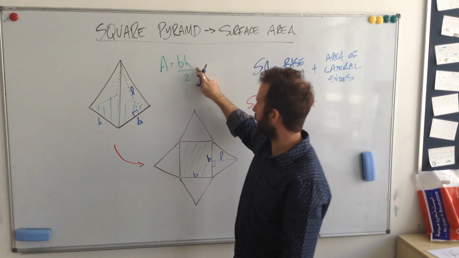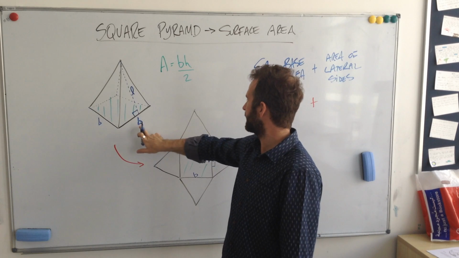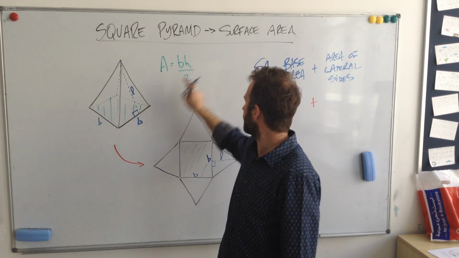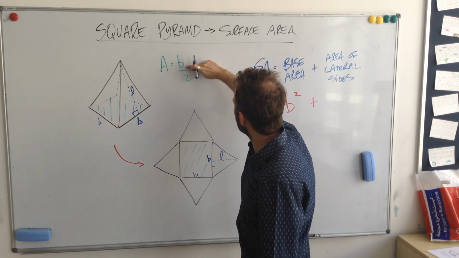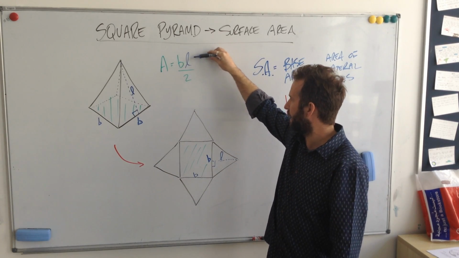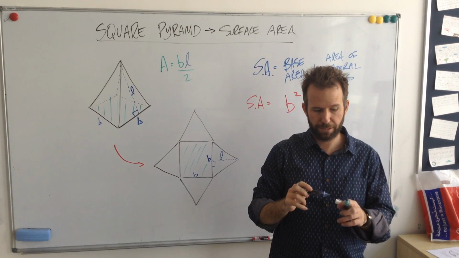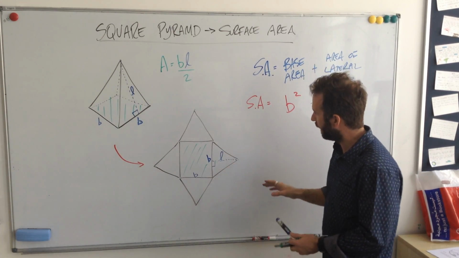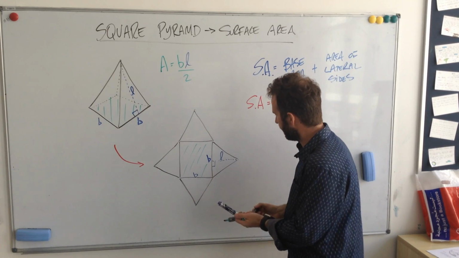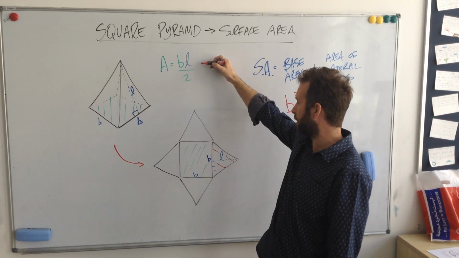So the formula changes here in terms of the area of the triangle, just a little bit. So it's still a little b, but instead of little h, we're now going to call it this: little b times that little L divided by 2. So, how does that work? Well, in order to get the area of this, I simply follow that formula.